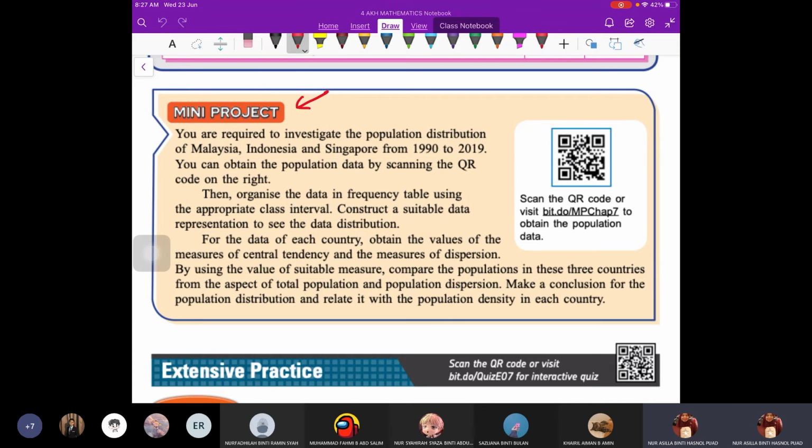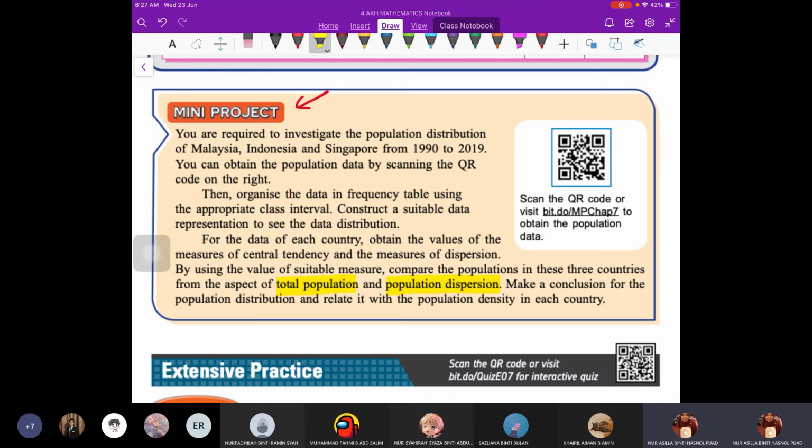And then by using the value of suitable measures, compare the populations in these 3 countries from the aspect of total population and population dispersion. Okay. So kena ingat ada perkataan dispersion. So meaning maksudnya dia mesti refer kepada standard deviation. Tinggi atau rendah. Kena compare dalam 3 negara.